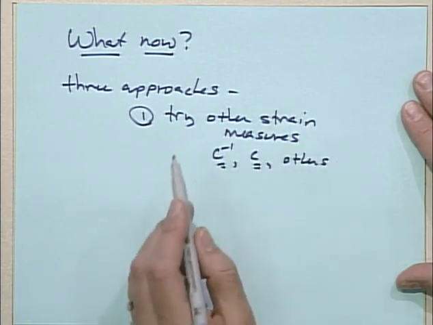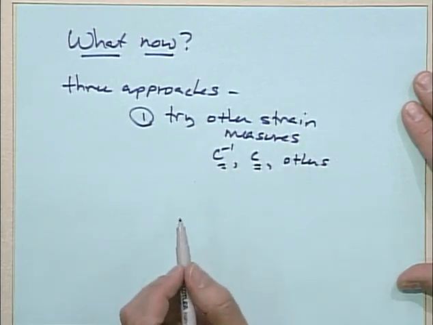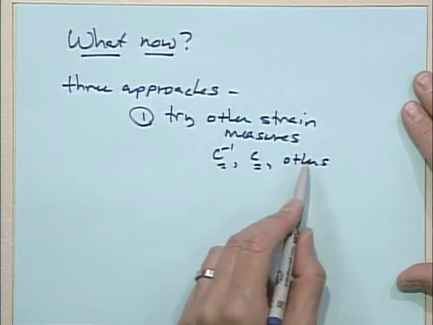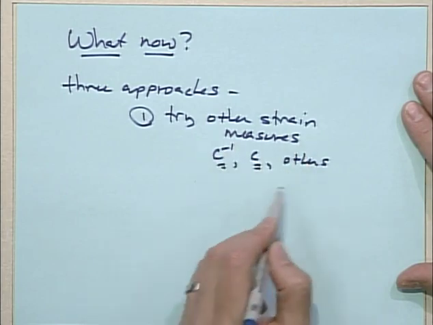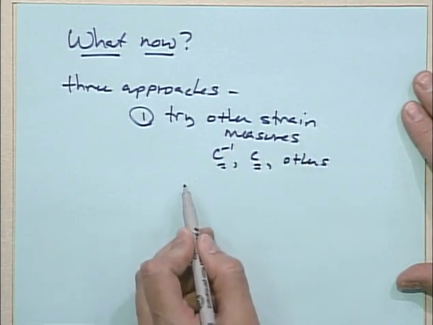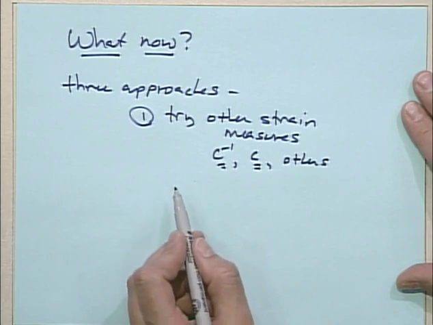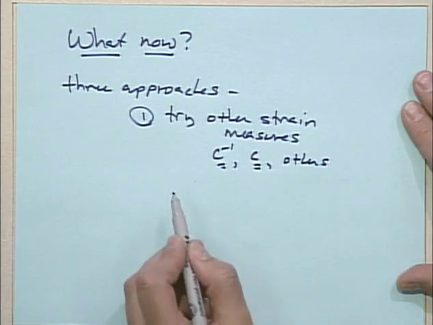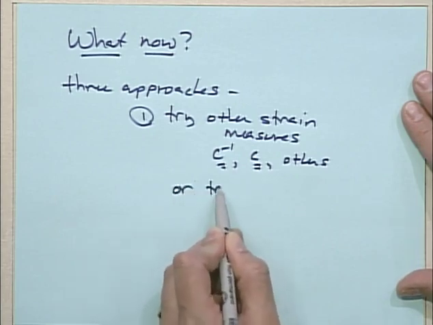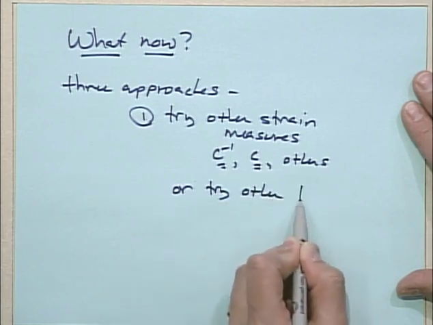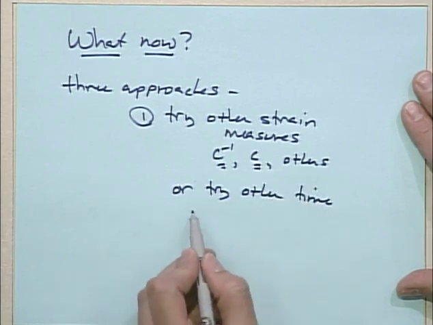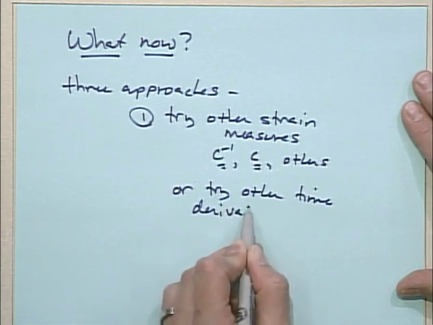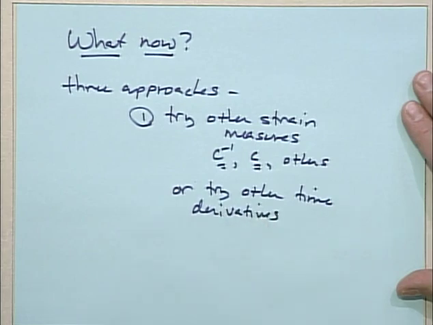Inside this approach, there's also a sub-approach, which is to try other time derivatives. And I talked about this at the very end of class last time. I want to do a better job of that today. So I'll talk about that a little bit next.